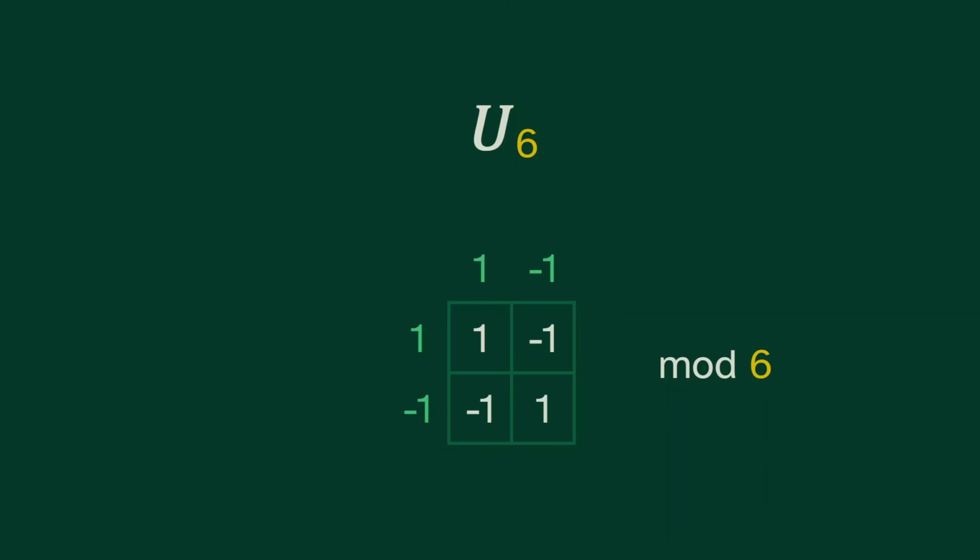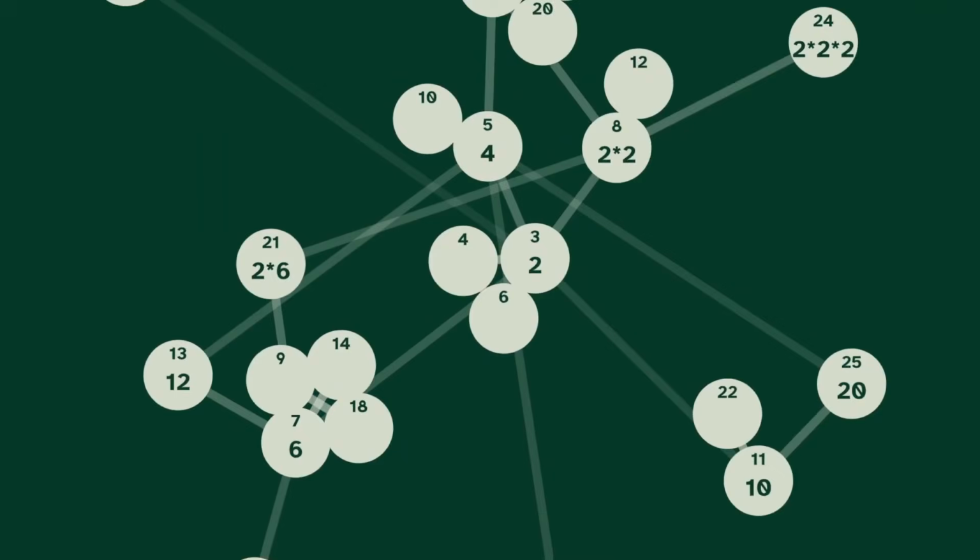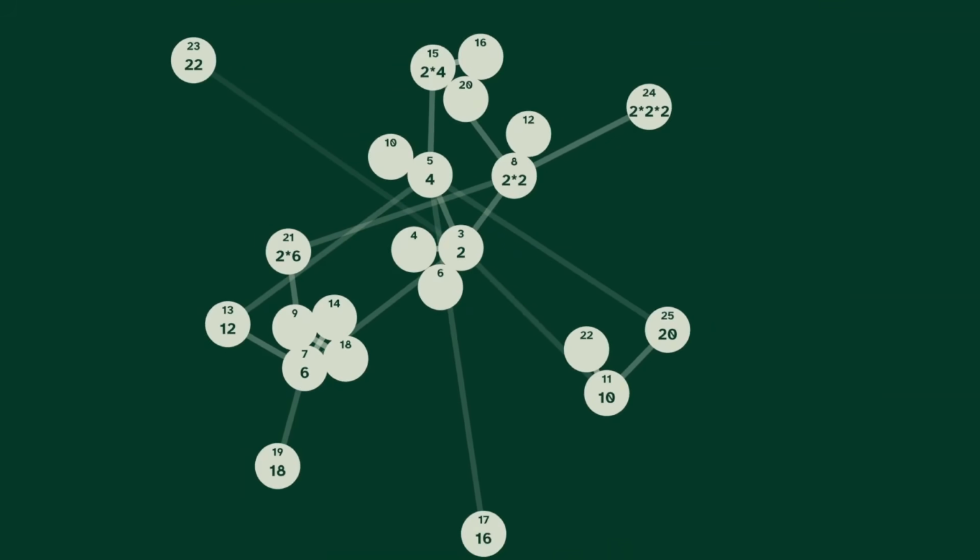And it will also work in any mod n, although it won't necessarily be UN, because this is only 2 of the units. But it will be some subgroup of UN for any n that we choose. 1 and -1 always form a subgroup. And so this clump of 3, 4, and 6 is the core of the graph. They are the most connected.